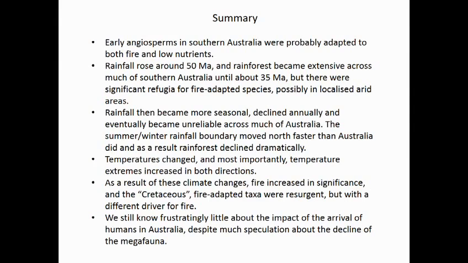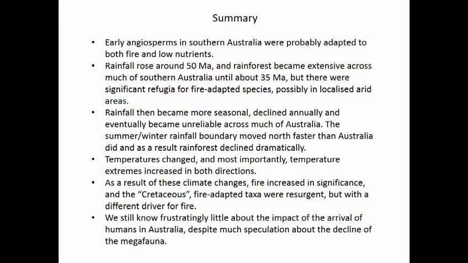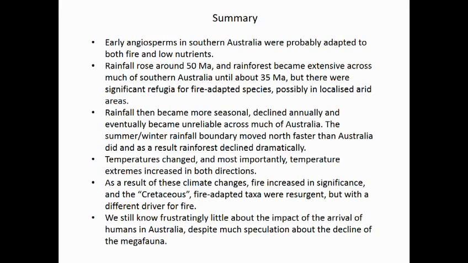Then rainfall became more seasonal, it declined totally, and eventually it became quite unreliable. The summer-winter rainfall boundary moved north, and that impacted heavily on southern Australia. Also, temperatures changed, and most importantly, the temperature extremes increased in both directions. That's because the climate was drying. You took all the humidity out of the atmosphere, which is a buffer.